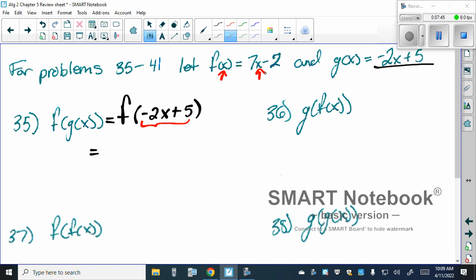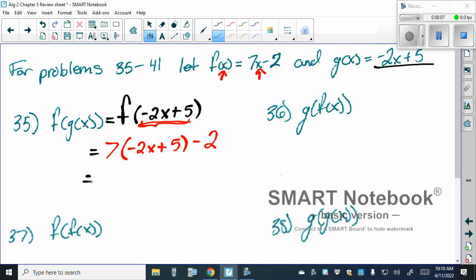So every place there's an x in f of x, we're going to replace that x with negative 2x plus 5. So for f of x, we have 7 times x, but we're replacing the x with negative 2x plus 5, close parentheses, minus 2.